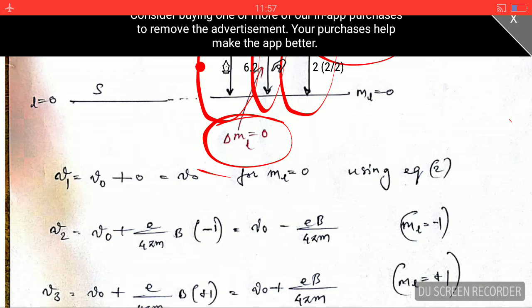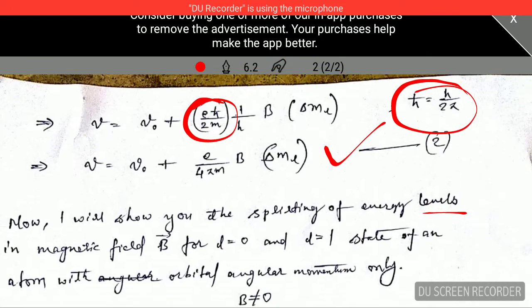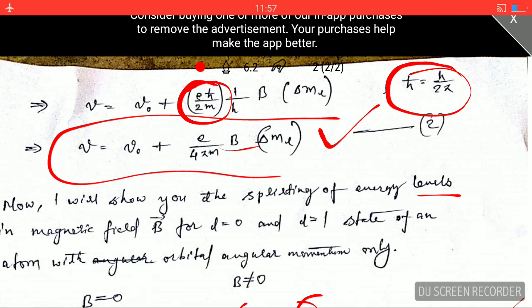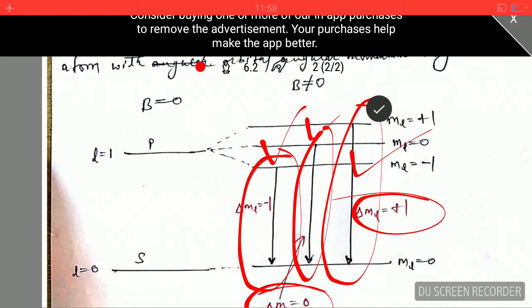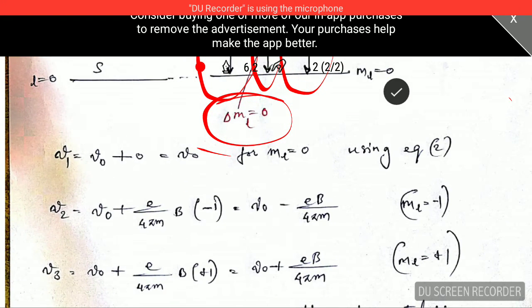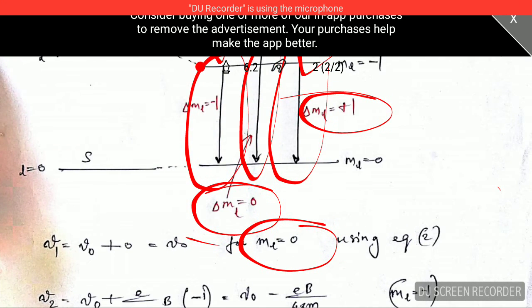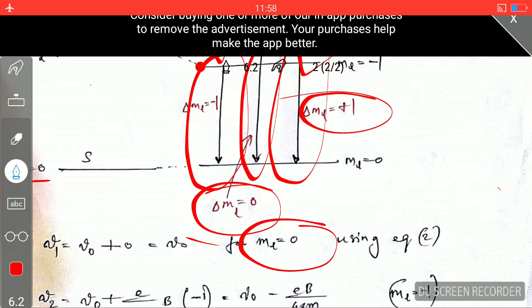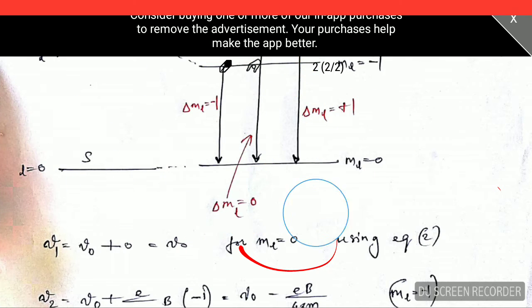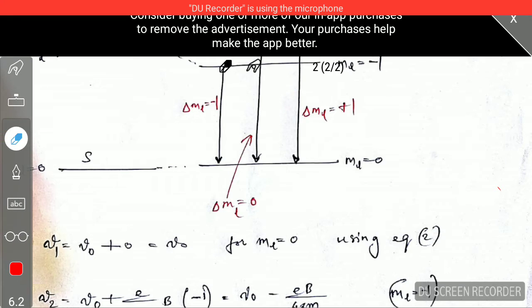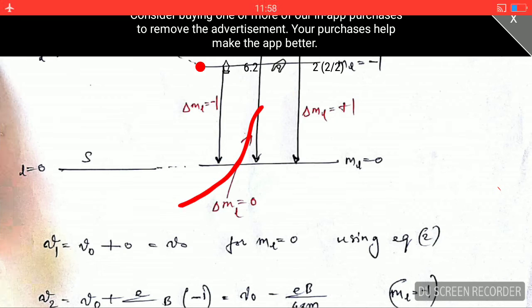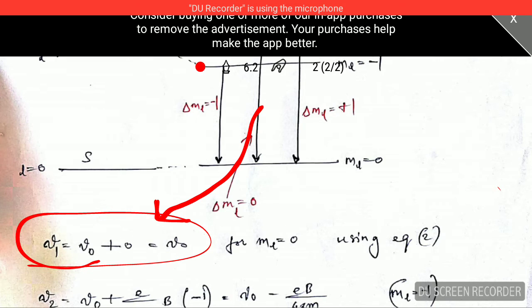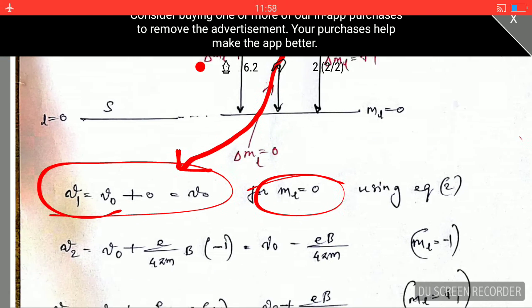We will use our basic equation to find the frequency of the lines. For m_l equals 0, for this particular line the frequency is this much, because delta m_l equals 0.